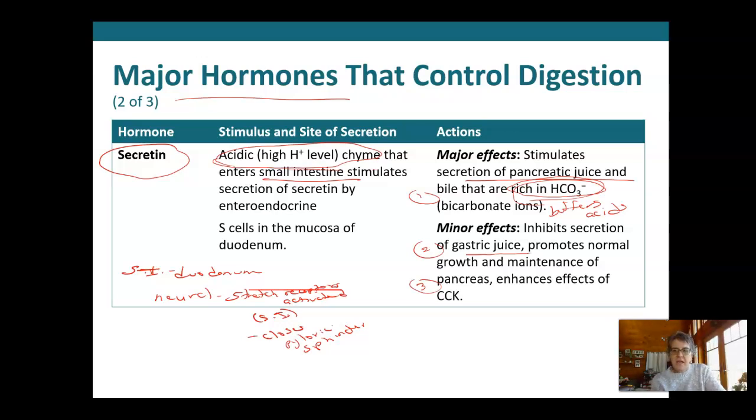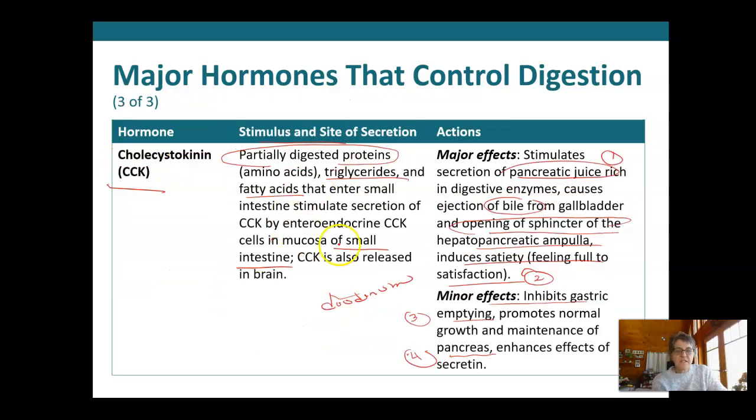So in my small intestine, I have the neural phase, which is activating stretch receptors to close that pyloric sphincter. And then I have the secretin hormone and the CCK, cholecystokinin hormone.